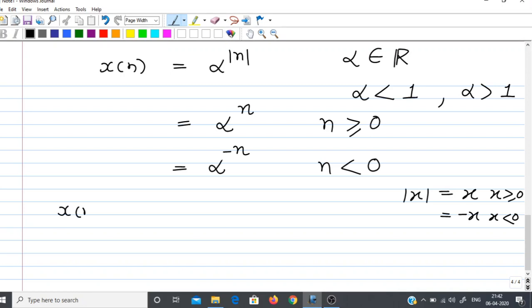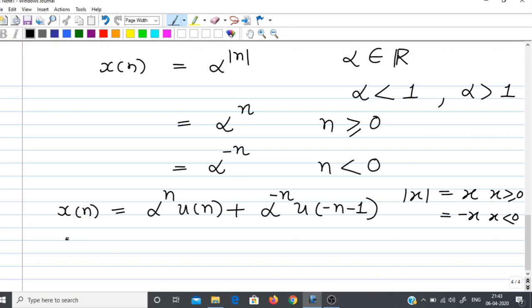Now, can I write this x of n in terms of familiar sequences which we have just worked out? The first piece can be written as alpha to the power n u of n, and the second piece can be written as alpha to the power minus n u of minus n minus 1. And we have already worked out the Z transforms for both sequences.